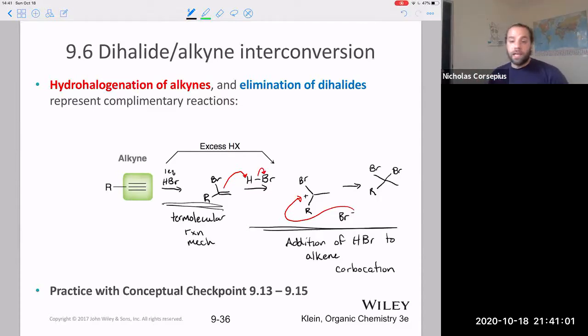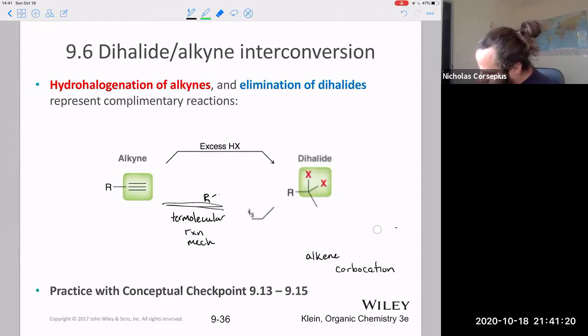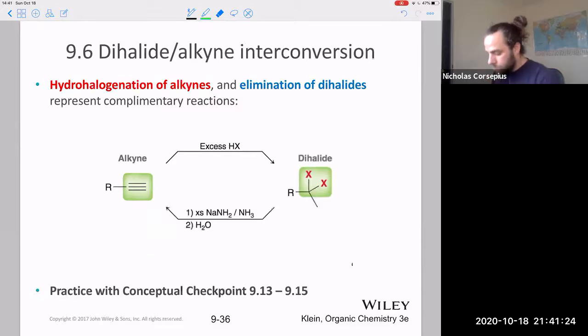Okay, so we actually know the full mechanism for addition in an excess of, for example, hydrochloric acid or hydrobromic acid. Now, where we were going here, we have this dihalide. Note that we can also take this, and in the presence of a strong base, we're going to get right back to our alkyne.